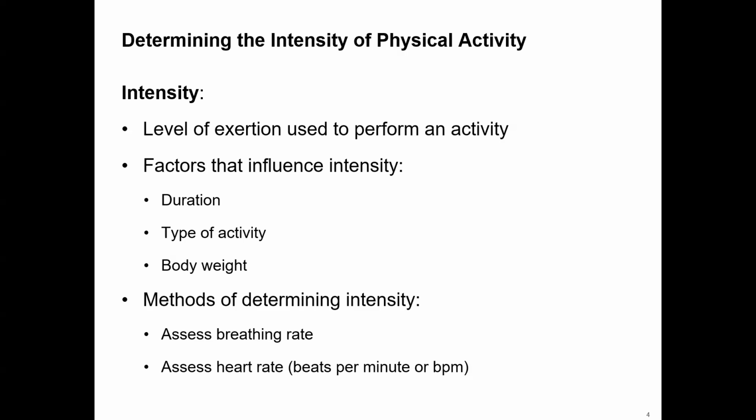You have to think about, well, how long am I able to sustain that level of intensity, right? So if it's biking, you may be able to sustain that longer than jogging or swimming or something. And so that goes into determining how intense, how long are you able to stay completing that activity. Obviously, the type of activity. Not all physical activities are the same. Some of them are more demanding.